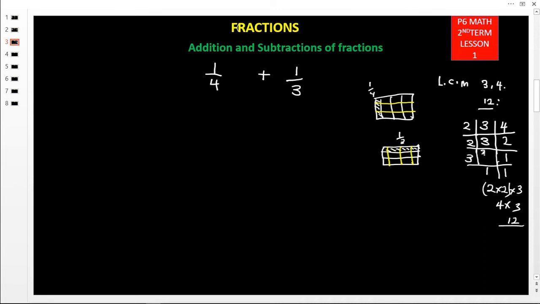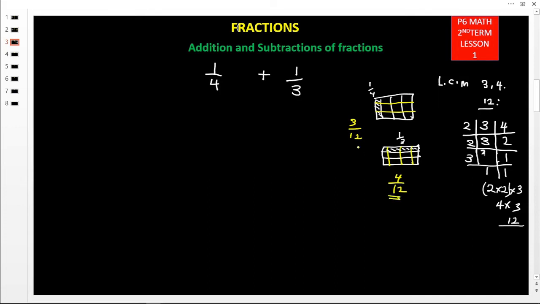Then after that, let us now get the shaded parts. After dividing them equally, we have 1, 2, and 3. So this is 3 out of how many? 1, 2, 3, 4, 5, 6, 7, 8, 9, 10, 11, 12 out of 12. Then this one is 1, 2, 3, 4. This is 4 out of 12.